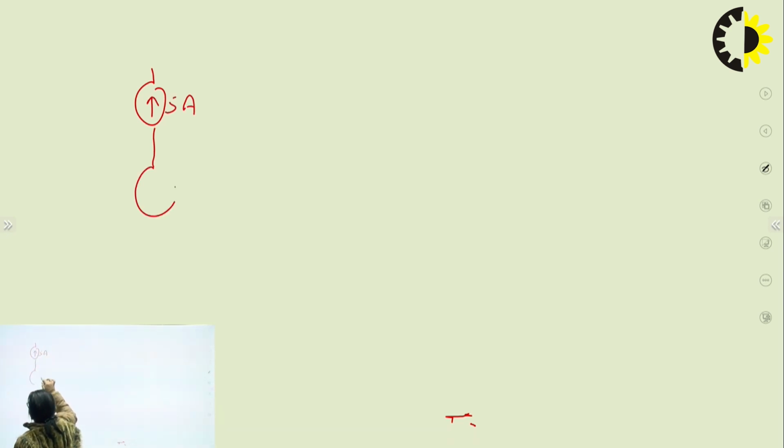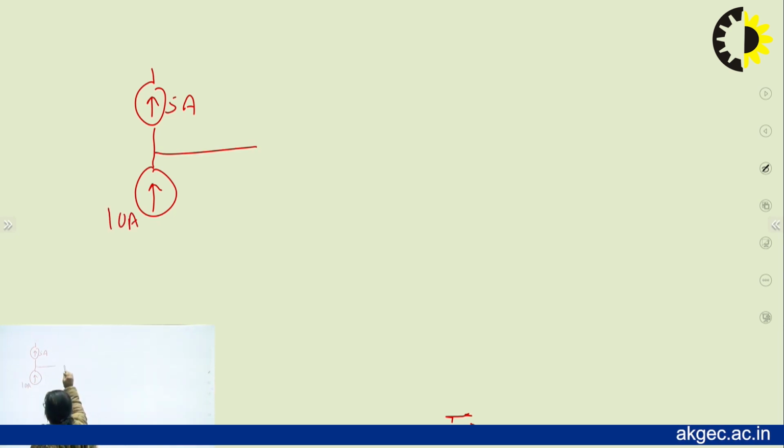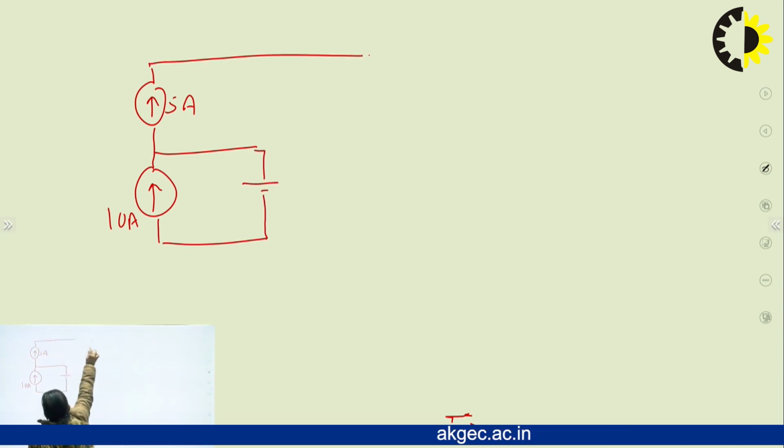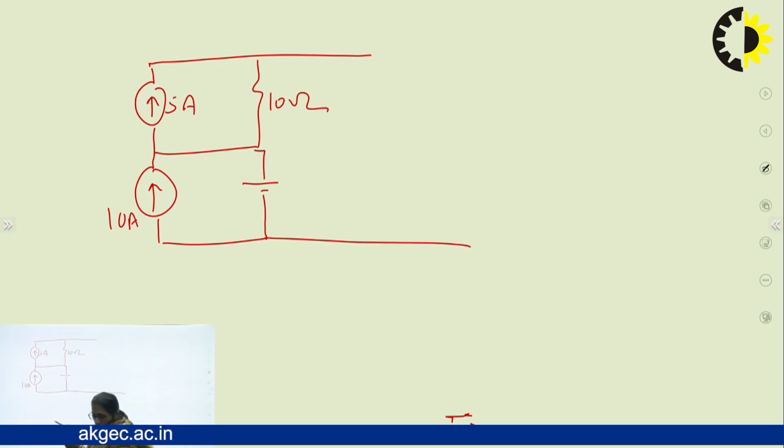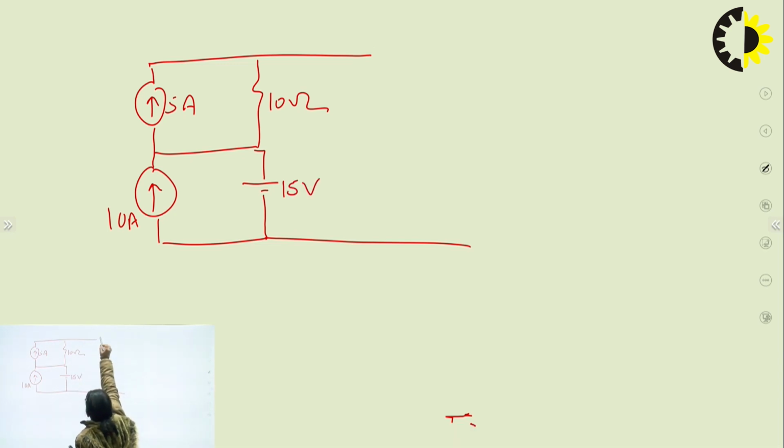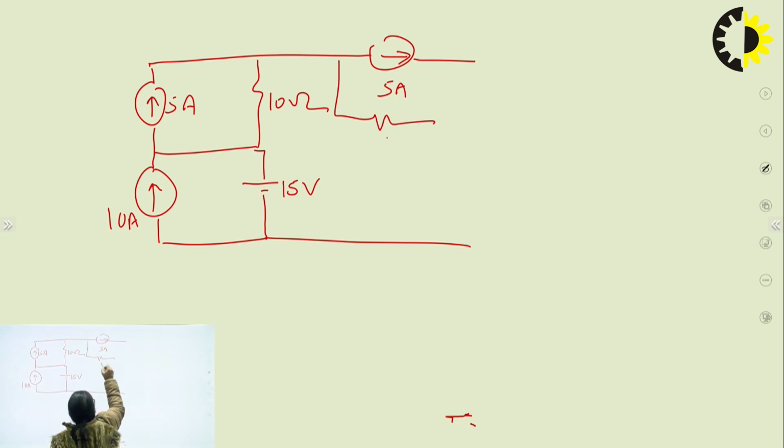The circuit is like this: I'm having a 5 ampere current source here, a 10 ampere current source, a voltage source, a resistance of 10 ohms, then a voltage source of 15 volts, and then a 5 ampere current source with the direction towards right in parallel to a 7 ohm resistance.